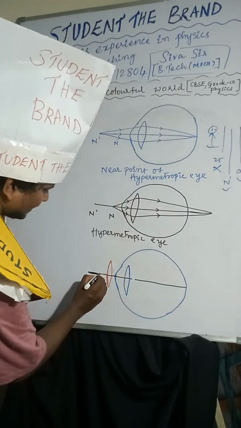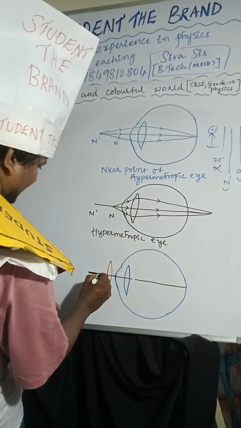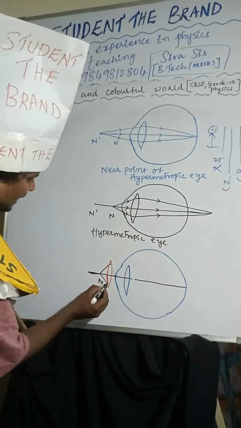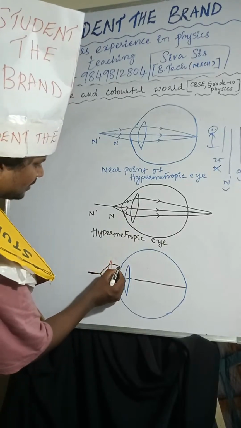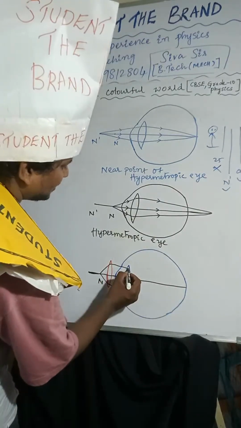I'm taking the light rays here, N. You have to take them at the edges because these are converging lenses. When the light rays fall on it, they will converge. Again it will be converging.